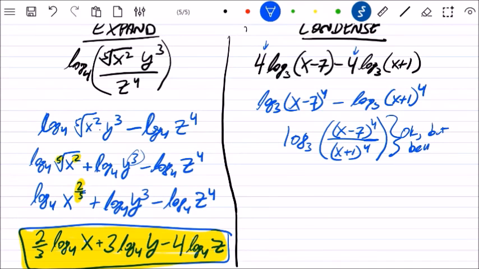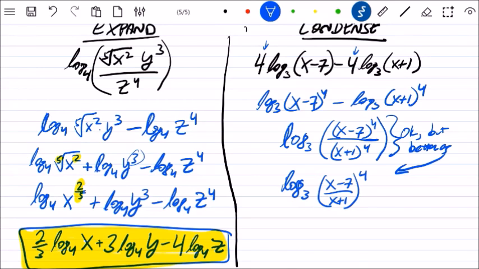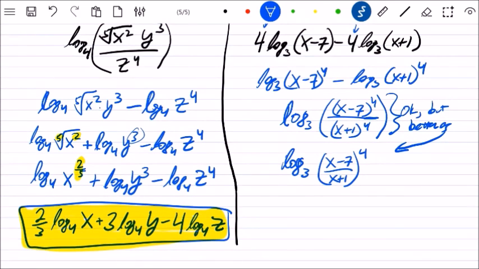So this is okay, but better as, look at what I do here. Log base 3 of x minus 7 over x plus 1 brought to the fourth. So that's considered better condensed, or more condensed.